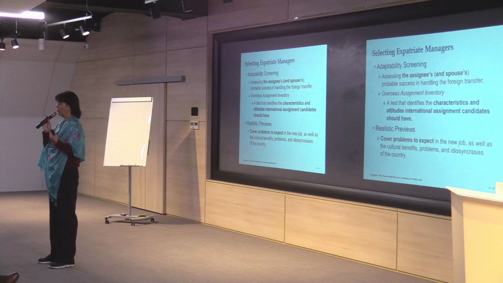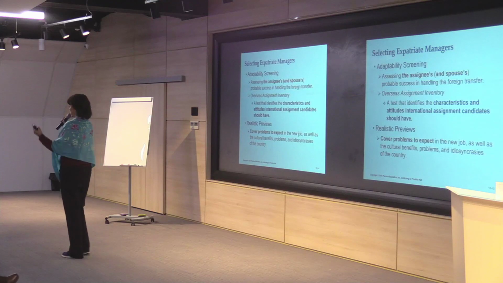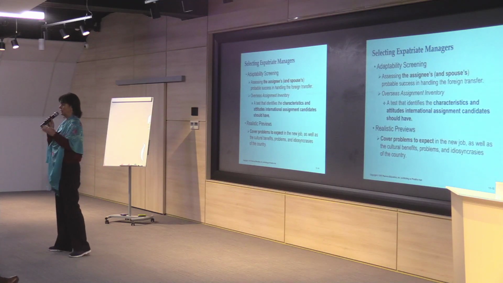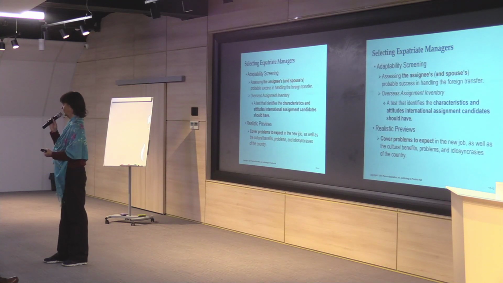What does that mean? They want to know whether the members of that family, the wife, the husband, the children, are going to be able to adapt to this new environment.